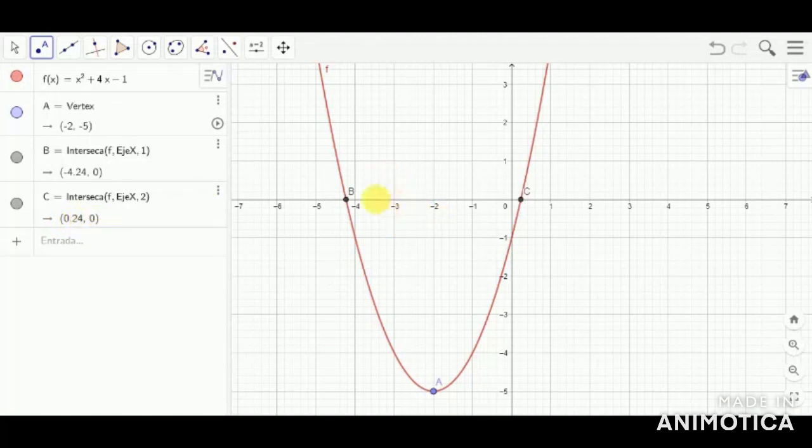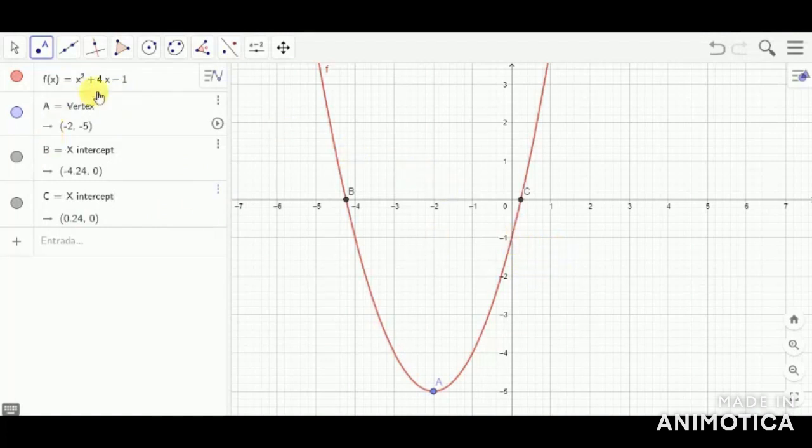So we see that from this point to this point it gets four spaces, which is a kind of weird thing. Well, now we label this as the x-intercept, and also this one here, x-intercept.